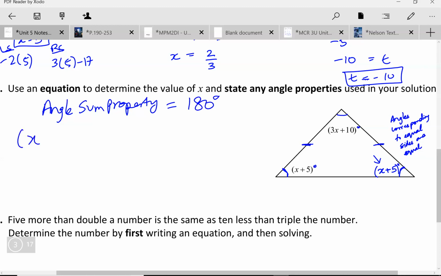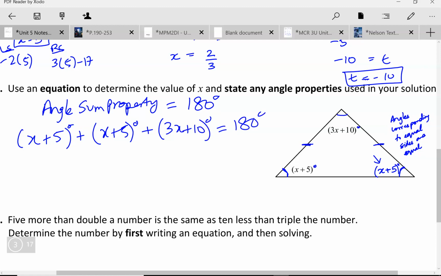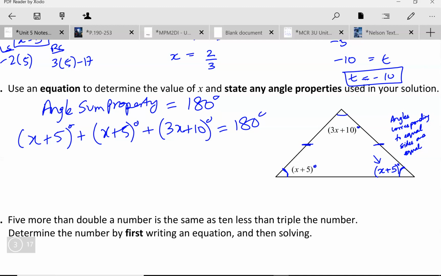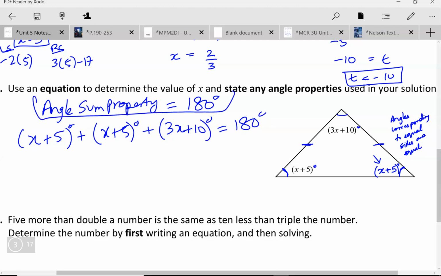So if I do x plus 5 degrees plus another x plus 5 degrees plus 3x plus 10 degrees, this is all going to give me 180 degrees, because in a triangle all the angles add up to 180. So that's the angle sum property of a triangle. You put that in brackets, just because it states any angle properties. I guess that's a triangle property.